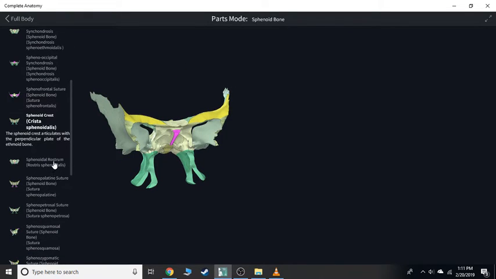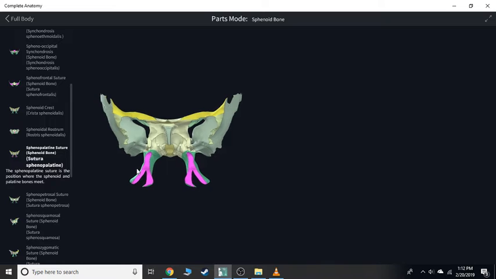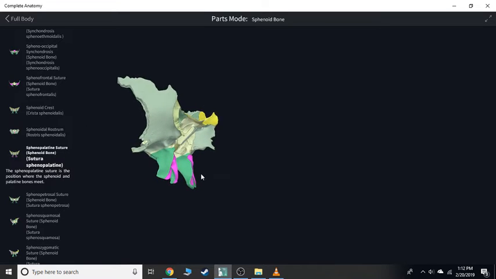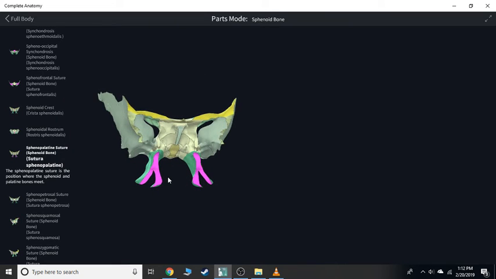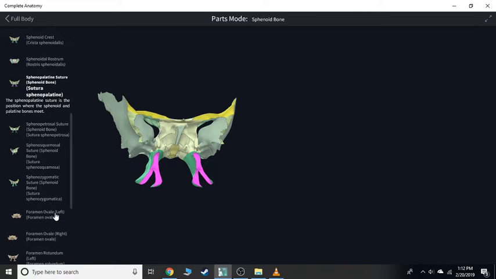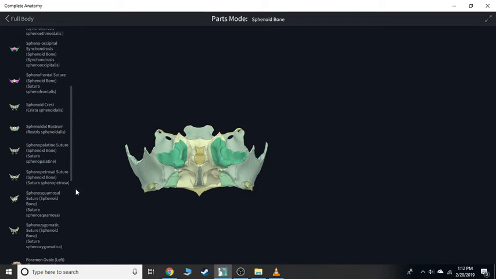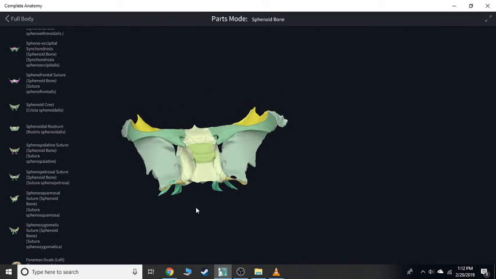Trying to make sure I'm not forgetting anything. Sphenopalatine suture. Okay, so this is where your sphenoid meets the palatine bones to make up the back portion of the palate. Then all the foramen we were talking about earlier.